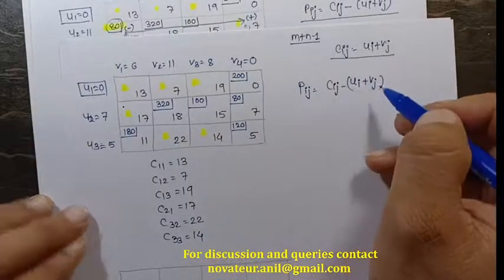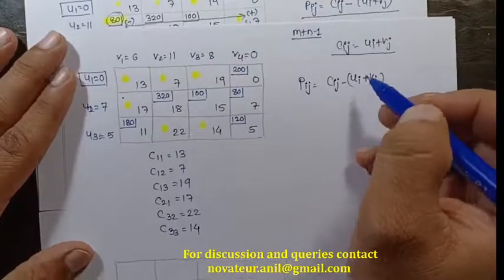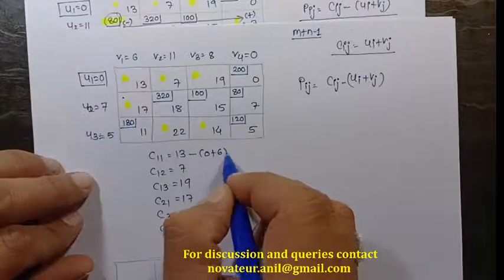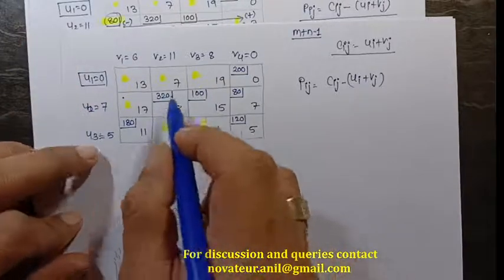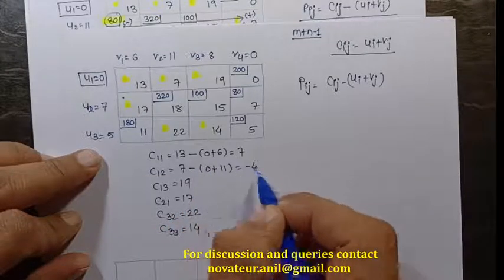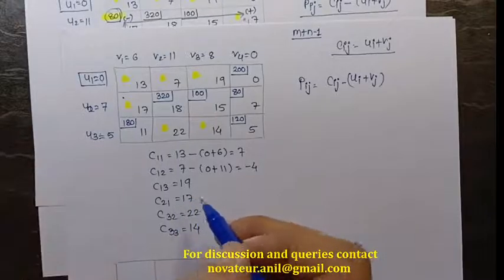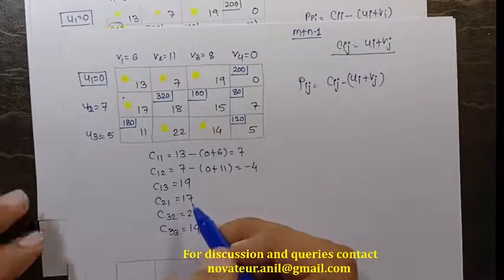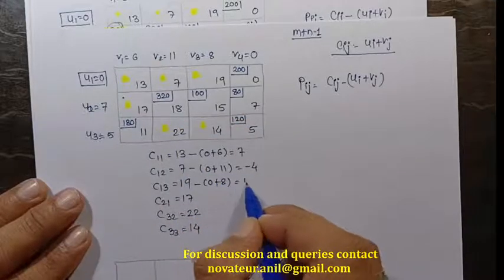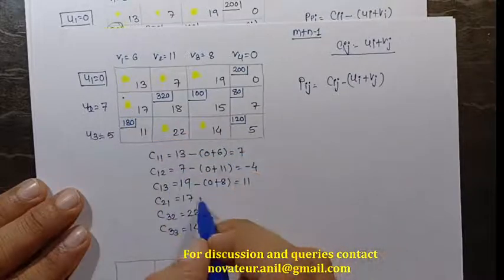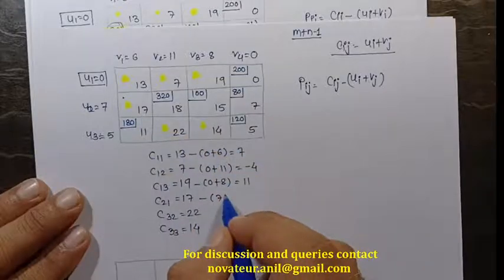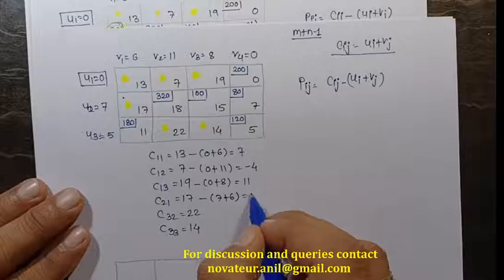So now I'll just find the adjacent u and v values. Here for 13 it is 0 plus 6, so answer will be 7. For 7, it is 0 plus 11, that is equal to minus 4, plus here in 19 we got 0 plus 8, so it will be 11, plus for 17 it is 7 plus 6, so that is nothing but 13, so answer is 4.